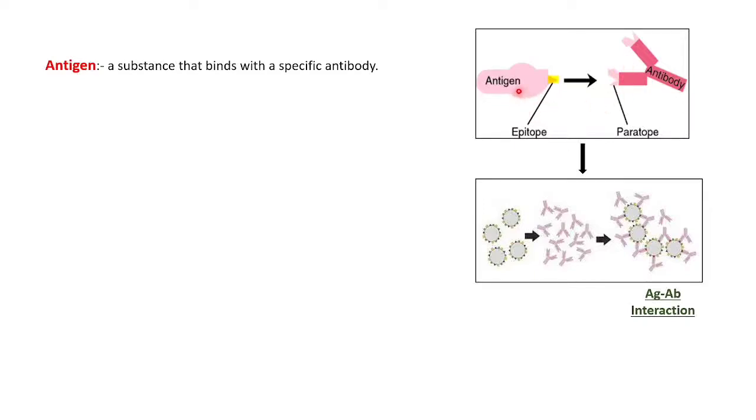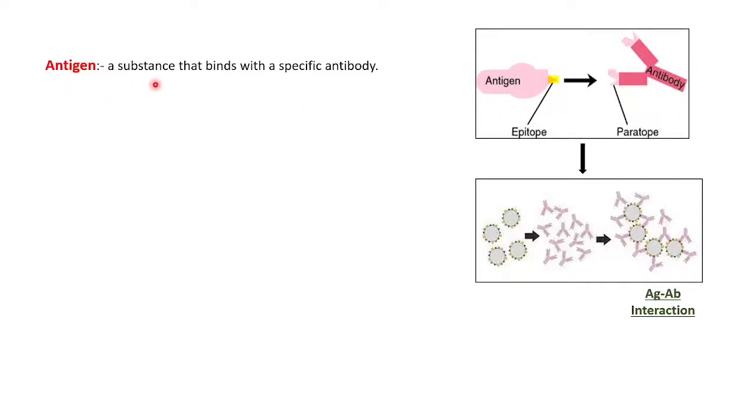When antigen and antibody bind, they form an antigen-antibody interaction. As you can see in this diagram, the antigen and antibody get attached, they bind, and they form the antigen-antibody interaction. So what is antigen?